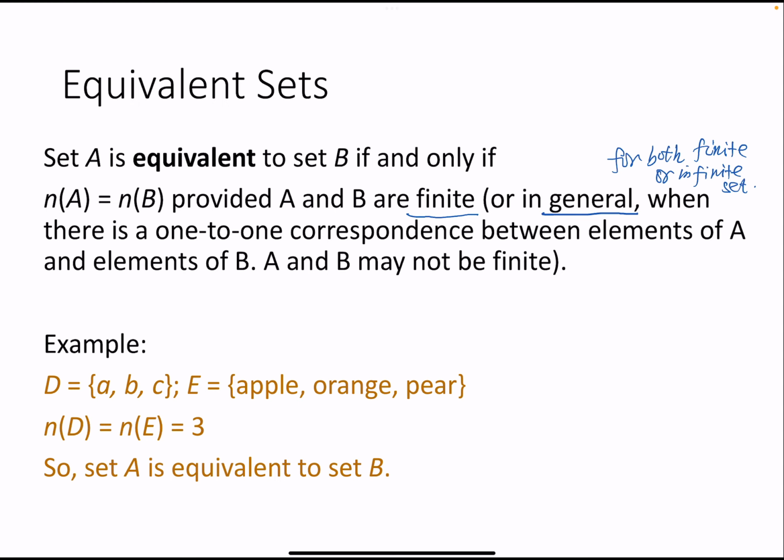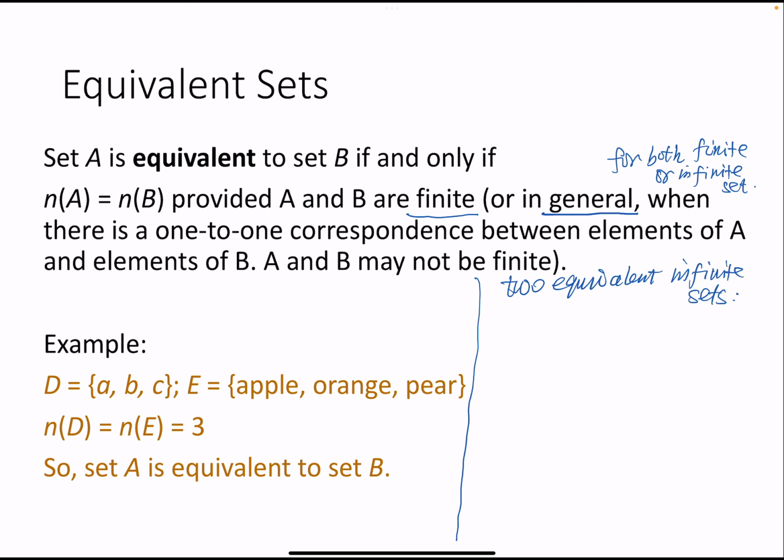So what is an example of two equivalent sets where both sets are infinite? Let me think about an example here. Two equivalent infinite sets.